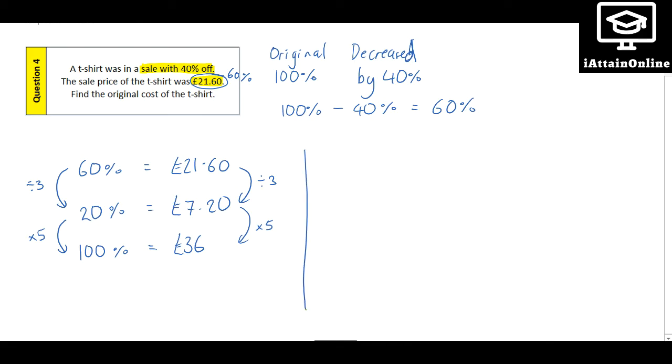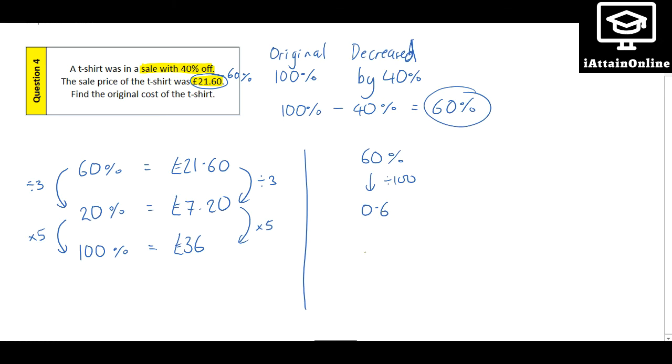Okay, the other method, the slightly more advanced method, I'll do the same question again, but with that method. It's still going to be based on this 60. That £21.60, remember, represents 60% of the original amount. So if I did 60% as a decimal, we're dividing that by 100. That tells me 0.6.